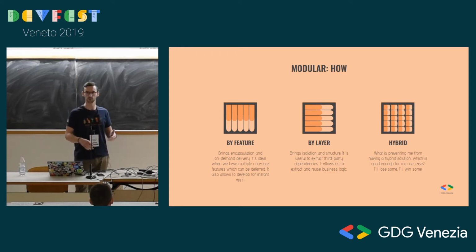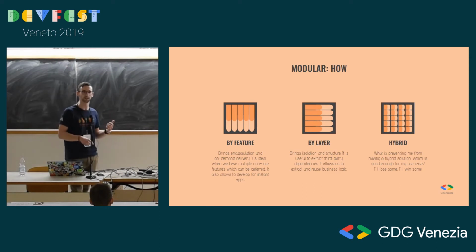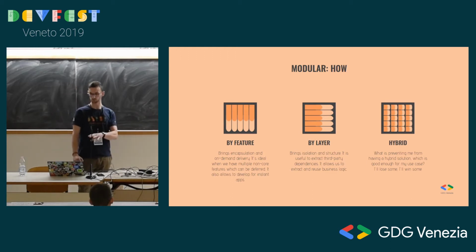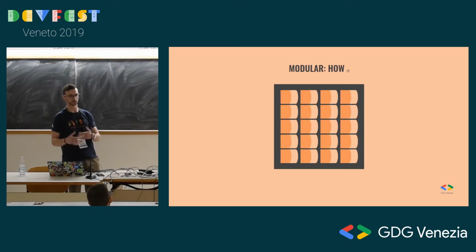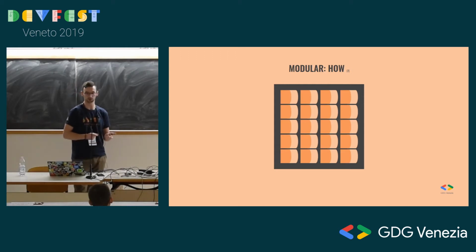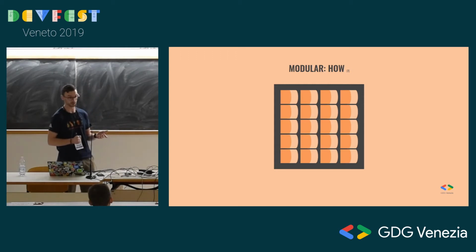It's going to be a little more difficult to keep it clean as much as we would have via layering, because we don't have a separation between the layers. So this approach is the one that we're going to see now, and as our product grows, we have to be very strict with ourselves and our coding standards. But if you can do that, I can assure you that the end product is very nice.